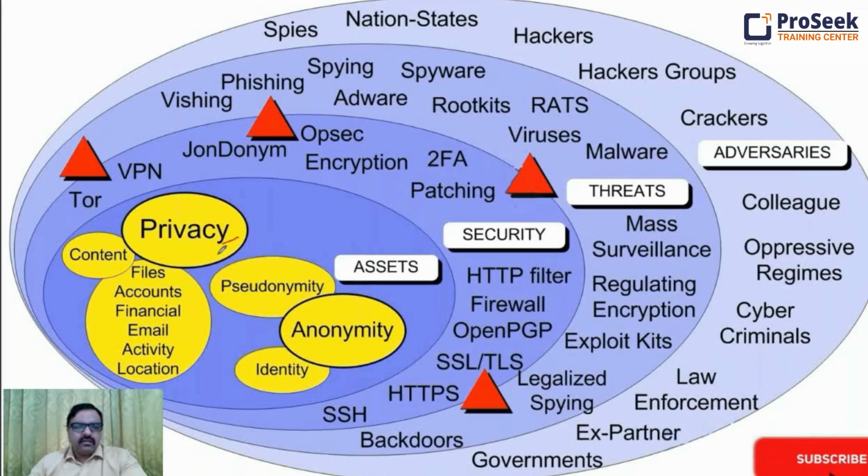Let's say there is a process of doing a particular transaction. You don't want anyone to know how you do that. Let's say there is a business which manufactures a product. No one else would like to know that. They don't want to give away their business secrets to anyone.